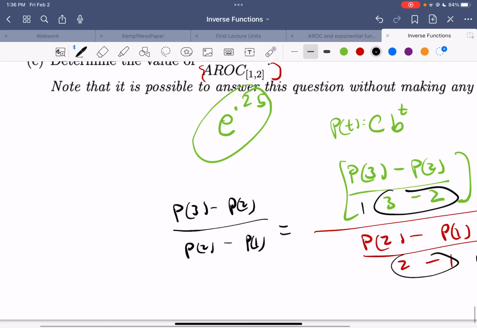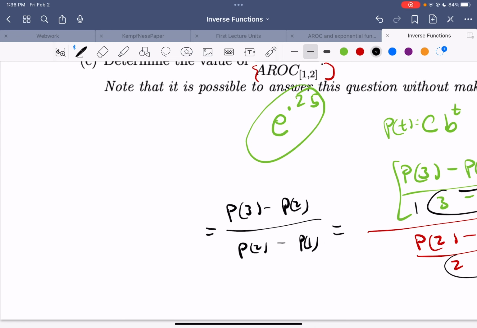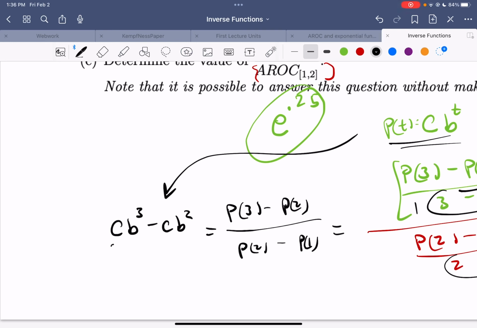Now if we plug in what that means, we have c b cubed minus c b squared all over c b squared minus c b. You might say, oh goodness, how can I simplify? Well, anytime you have something complicated, ask yourself, can I pull stuff out?